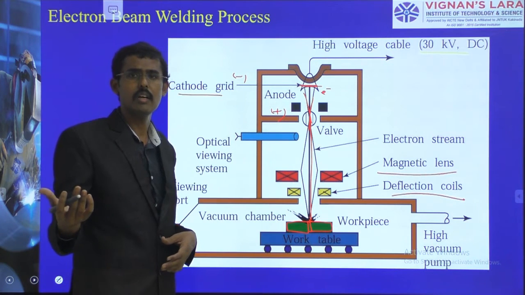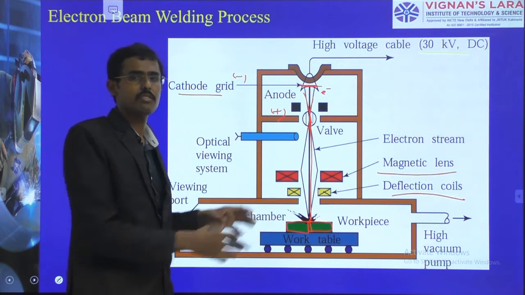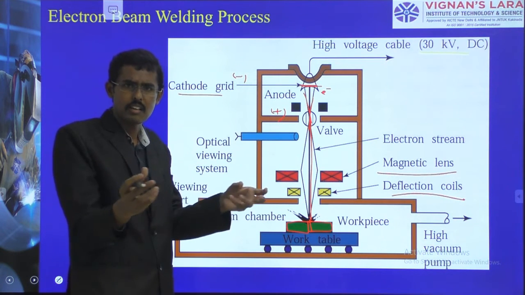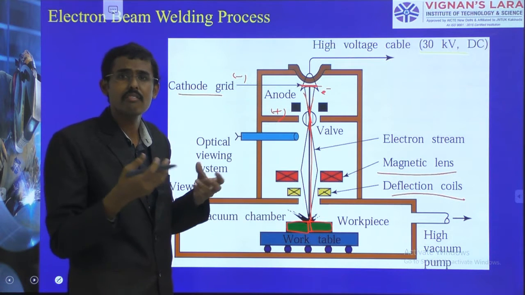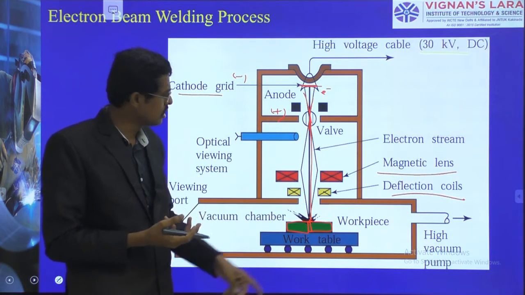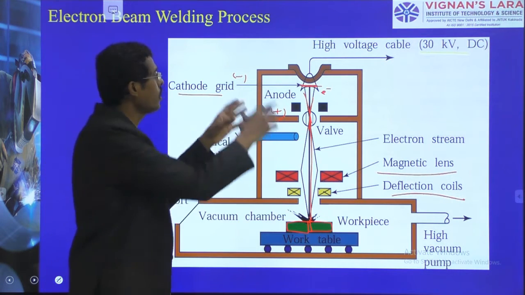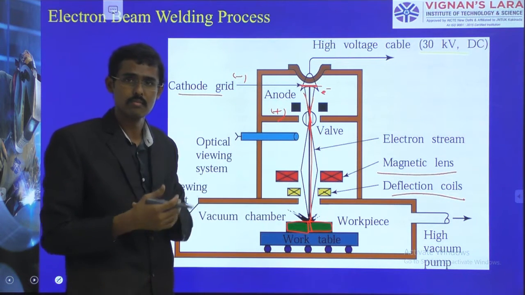Even though in TIG welding we have not used vacuum, we used shielding gas. If the vacuum is removed, atmospheric contamination will take place, this high velocity will not be achieved, and therefore keyhole welding cannot be achieved. Therefore we go for vacuum to achieve this specific point keyhole welding.